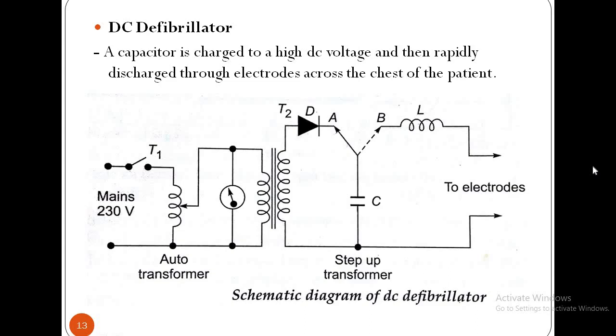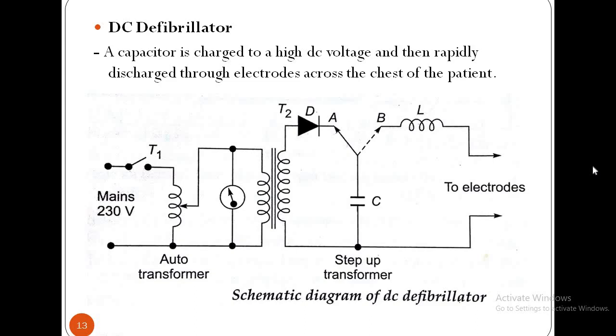The basic circuit diagram of a DC defibrillator is shown in the figure. In almost all present-day transthoracic defibrillators, an energy storage capacitor is charged at a relatively slow rate from the AC line by means of a step-up transformer and rectifier arrangement, or from a battery and a DC to DC converter arrangement.